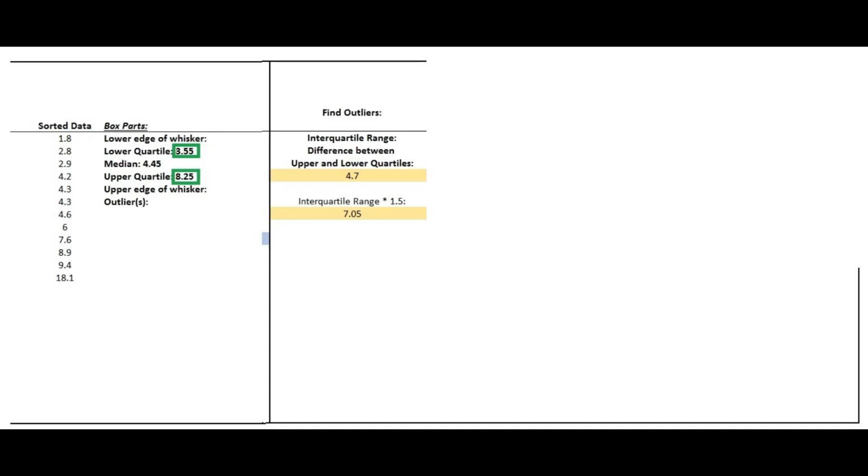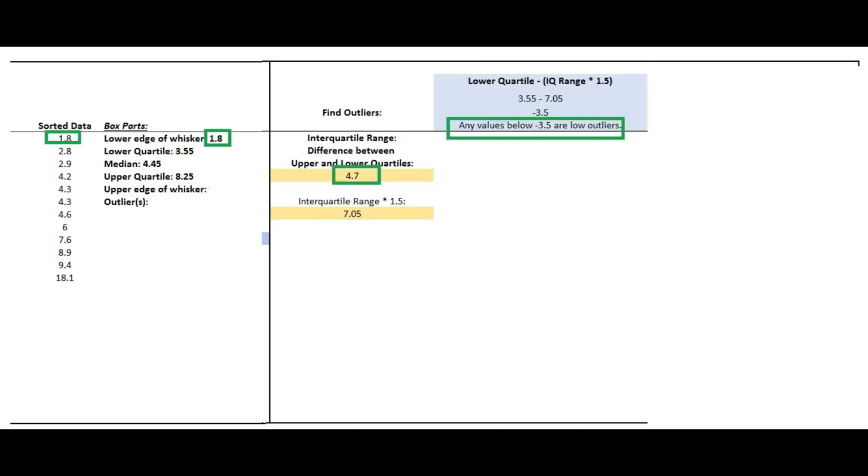All right, so 4.7 times 1.5 is 7.05. And what that says is our lower quartile, 3.55, minus 7.05 is negative 3.5. So any values below negative 3.5 are low outliers. We don't have any values like that. So for the lower edge of our whisker, we can go ahead and use 1.8.